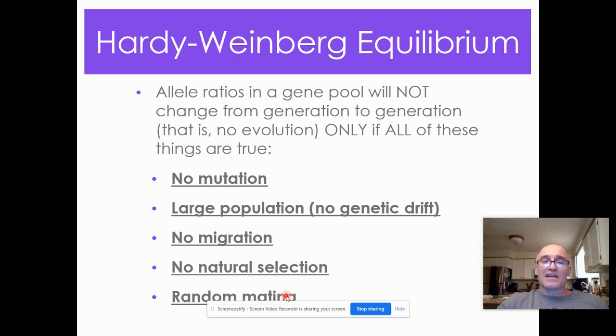Mating has to be completely random. Again, it's never been seen in a natural population where at least one of these wasn't causing the population to evolve. So there's always going to be mutations. There can be times when populations are going to be small. There's always migration, always natural selection, and mates are always non-random. The mates are chosen.